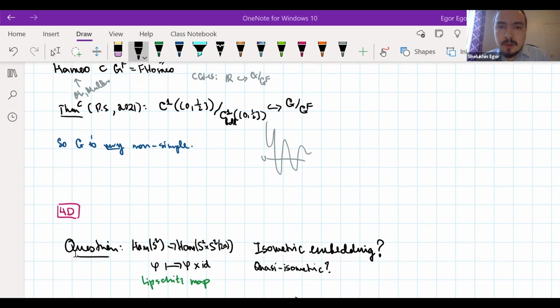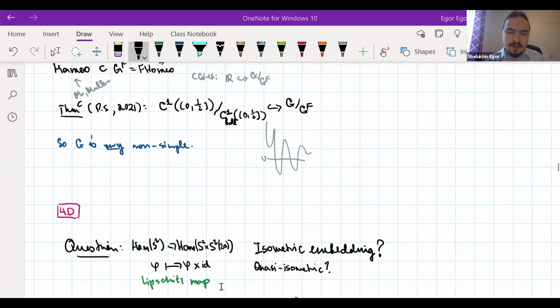One thing one might hope for is that the map from Ham of S2 to Ham of S2 times S2 of small area to A, that sends phi to phi times identity, so stabilizing Hamiltonian diffeomorphisms, is some sort of isometric, or maybe quasi-isometric, embedding.